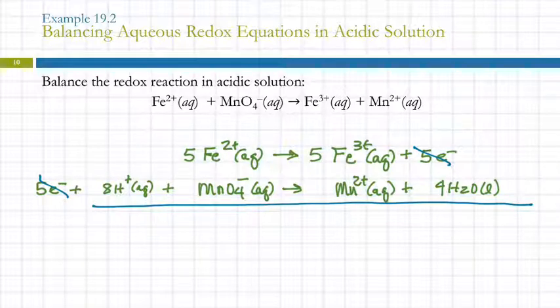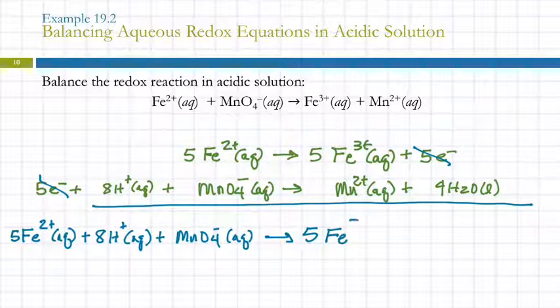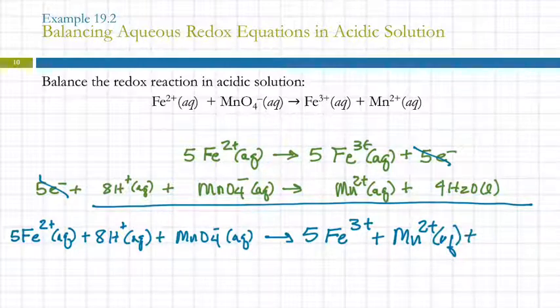The order doesn't matter. So 5 Fe2+ plus 8 hydrogen ions plus the permanganate ion, and over here 5 Fe3+ ions and manganese 2 ion and water.